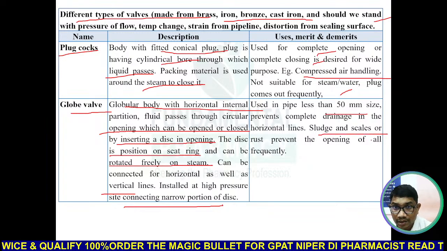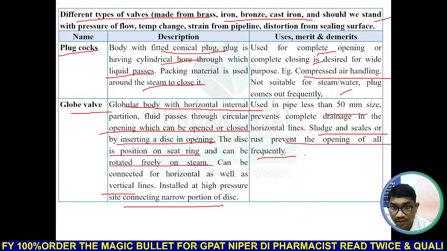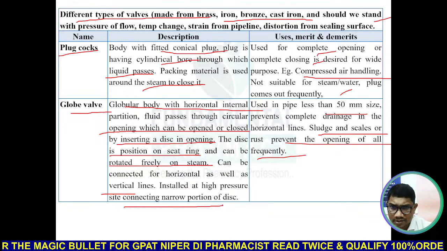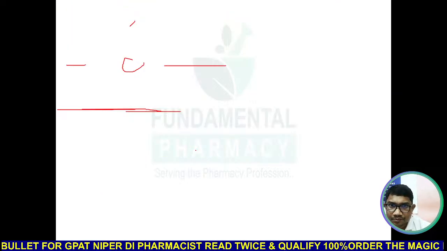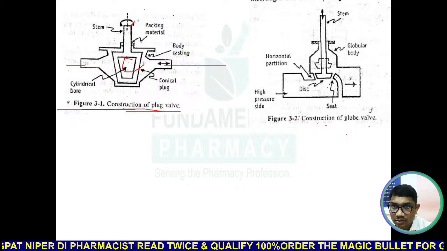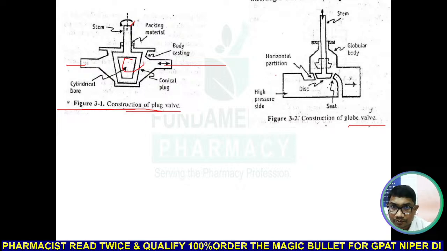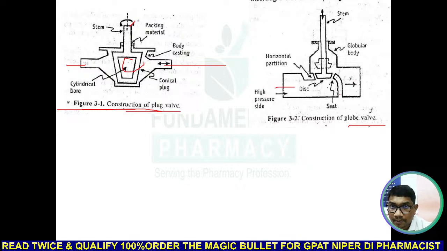Sludge and scale rust prevent the opening frequently. So that is a disadvantage. Sludging, scale formation and rusting occur, which prevent the opening frequently. Globe valve. This is the construction of a globe valve.